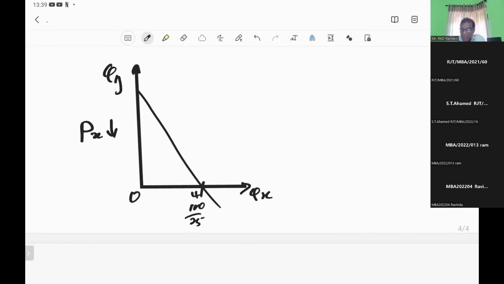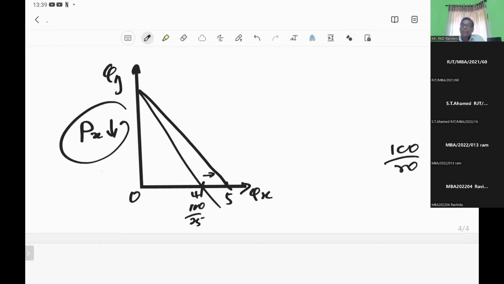Now assume that the price of X is reduced to 20 rupees. Now we can buy 5 units of X. Then the budget line rotates to the right hand side. When the price of X is reduced, the budget line shifts or rotates to the right hand side, right?